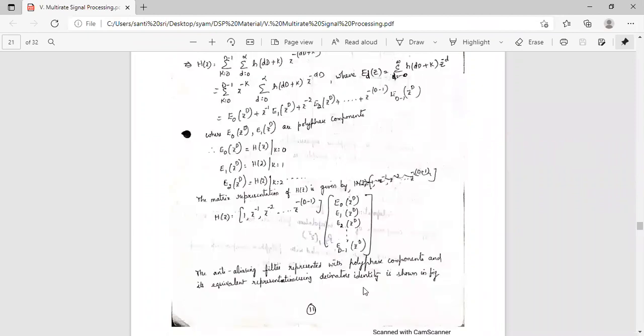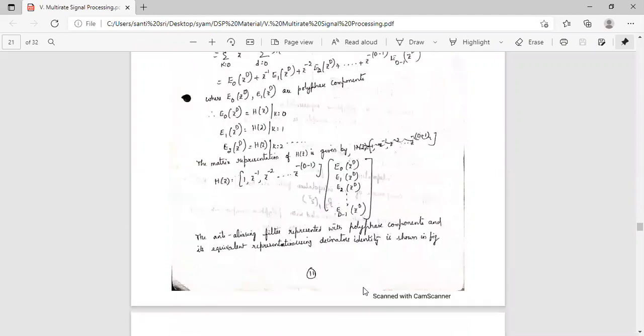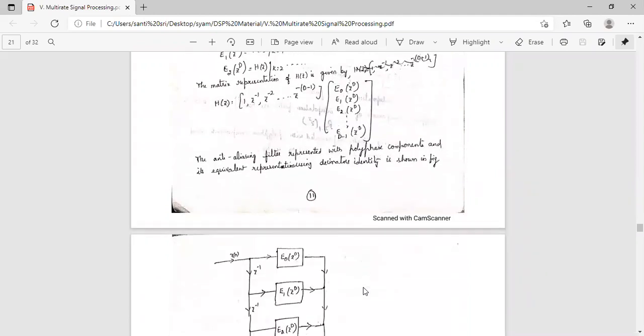The anti-aliasing filter represented with polyphase components and its equivalent representing decimator identity is shown in the figure. Shown in the figure like this.